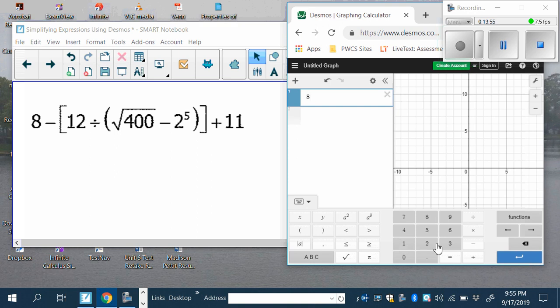So I'm going to do 8 minus, and I'm going to do parentheses 12 divided by, and I'm going to do parentheses again, the square root of 400, minus 2 to the 5th, and I'm going to close this door.